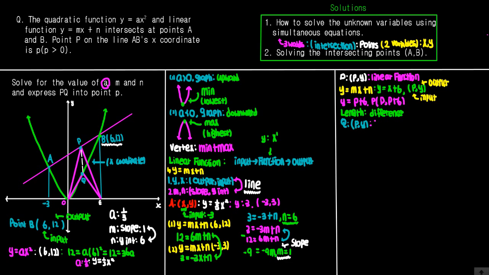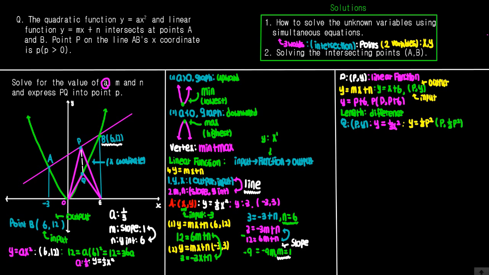First of all, let's repeat our quadratic function: y is equal to 1/3 x squared. If we input our p value into our x value, we're going to get y is equal to 1/3 p squared. So for our full coordinate, it is going to be p, comma, 1/3 p squared.